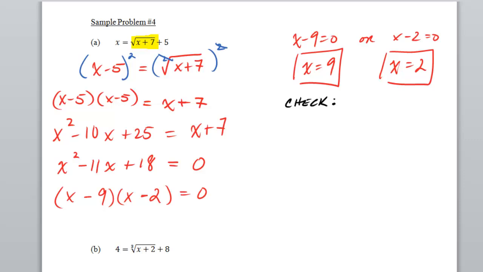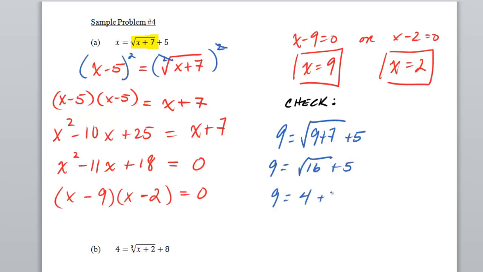And so what we'll do is we'll simply take the 9 and put it into the original equation. And then from there, we'll just work through the order of operations. And you can see that we get 9 equals 9, and so that is a good answer. So that's true, we'll keep that answer.